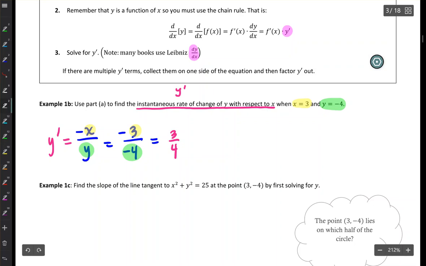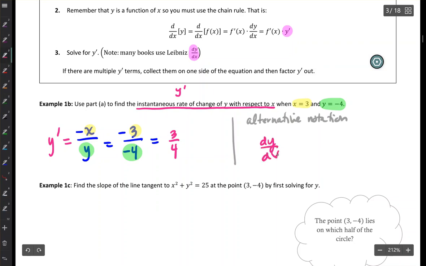An alternative notation for this is to write dy dx with a big vertical line that means evaluate that function y prime, dy dx, at a particular point, and then they write when x is 3 and when y is minus 4. Just wanted to point that out because you might be seeing that in other videos or other texts.